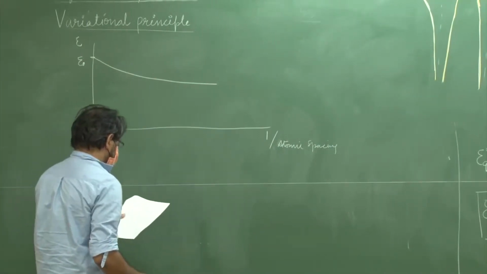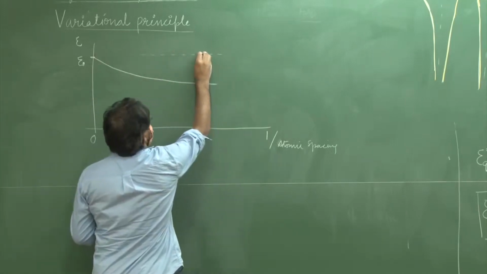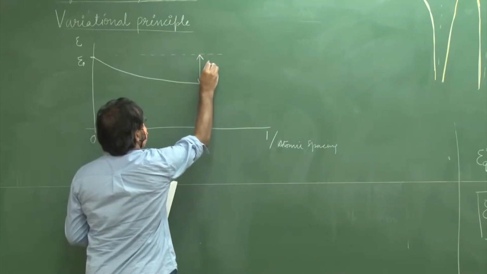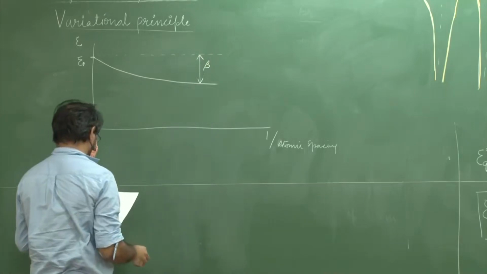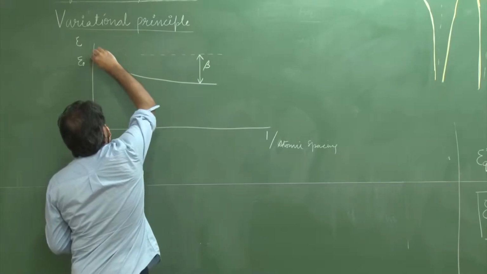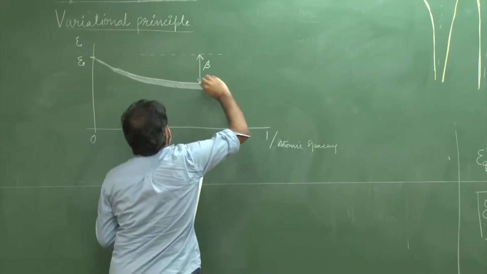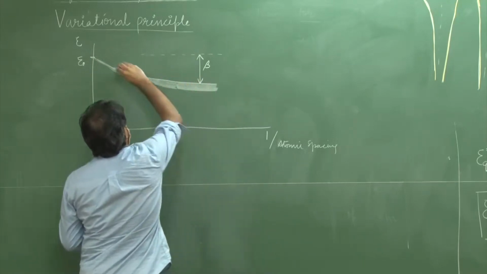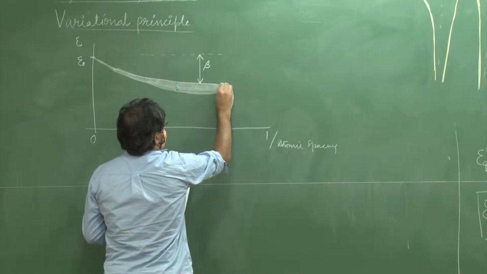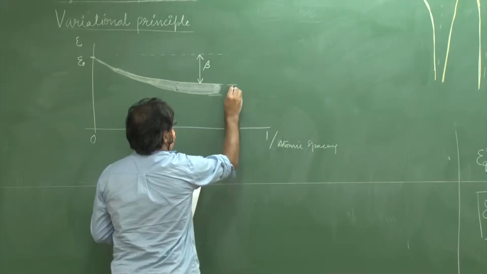Okay, and this lowering is the lowering by an amount beta, and simultaneously you also have some spreading. So as you go this way, it gets more and more spread out. This spreading quantity is gamma.